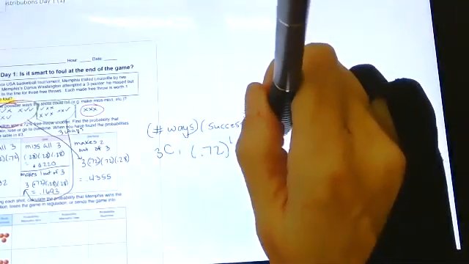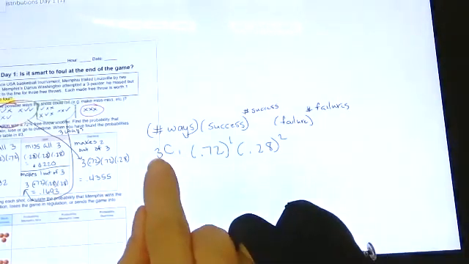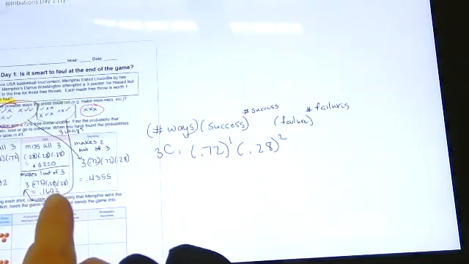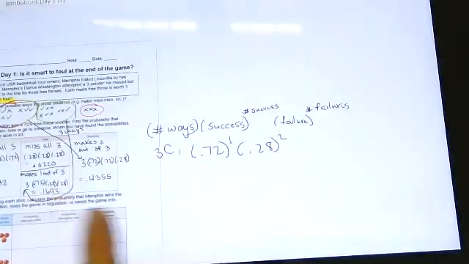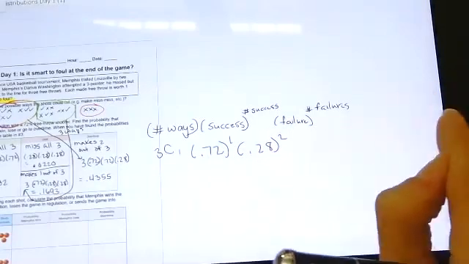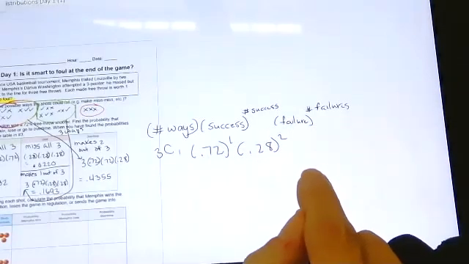We had 1 success and 2 failures. So that's what we were looking at: 1 success out of 3, with 1 success and 2 failures. So that's basically this calculation right here. And this is called binomial. It just means you're counting the number of successes out of a total.